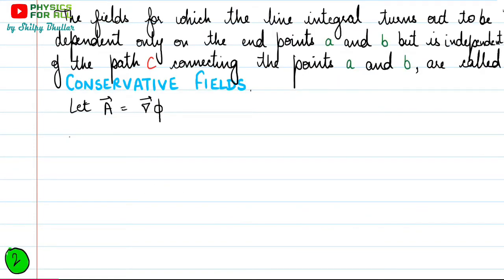To understand what kind of fields are actually conservative, let's consider that vector field A is basically this del phi. Now what is this del phi? It is the gradient of a scalar function, because we represent the scalar function by phi.